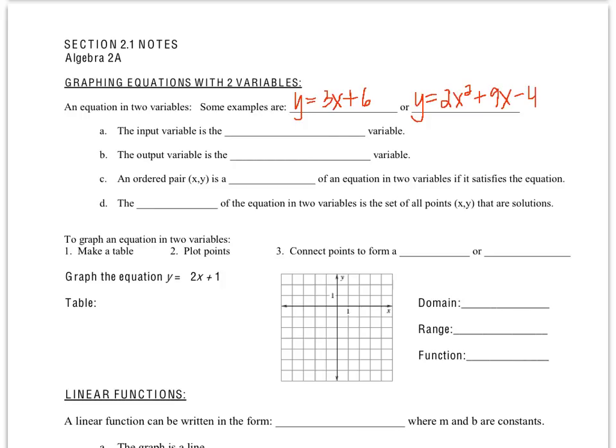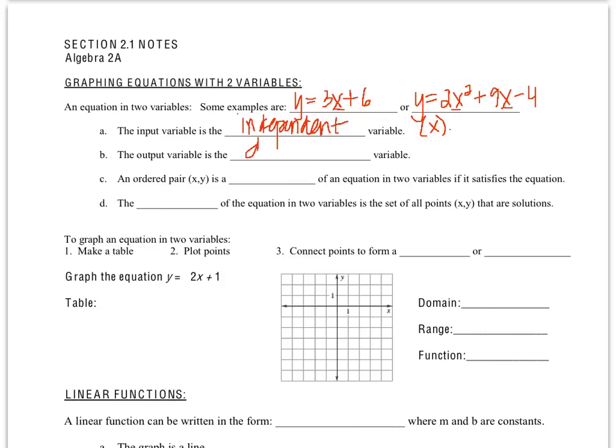Okay? The input variable, the variable we plug numbers into, we call the independent variable. And the reason it's independent is because we can pick any number we want. It doesn't depend on anything. And normally our independent variable is x because I can plug in any value of x I want for these equations above.